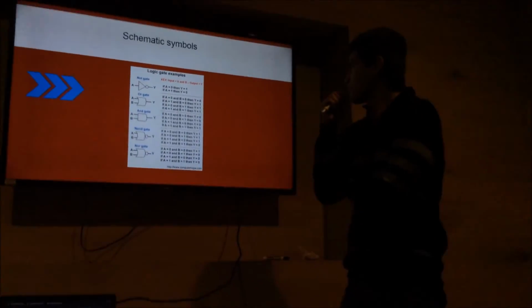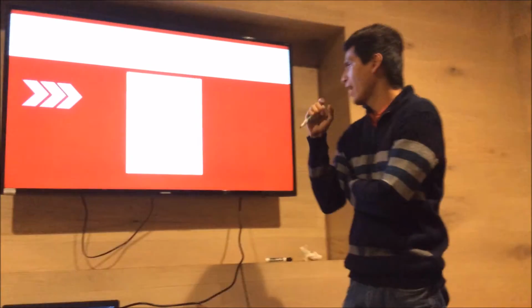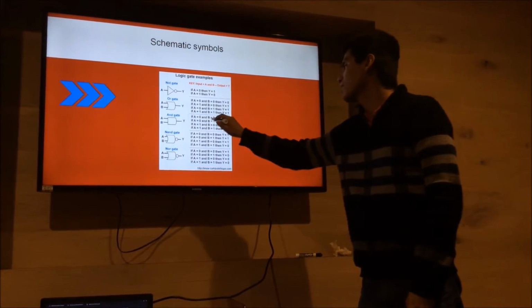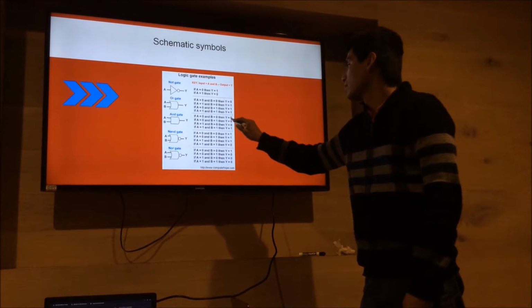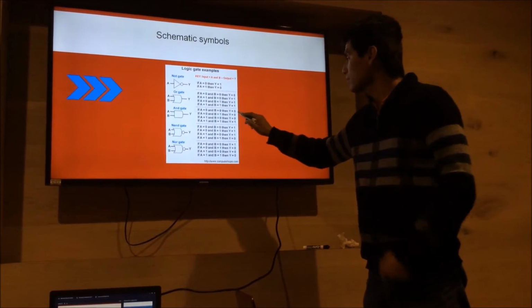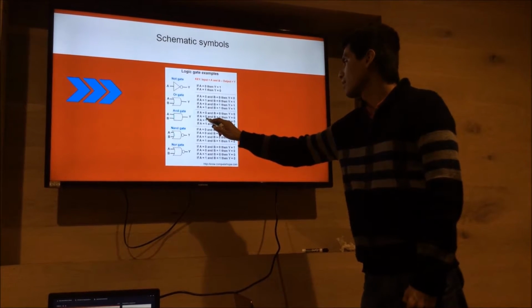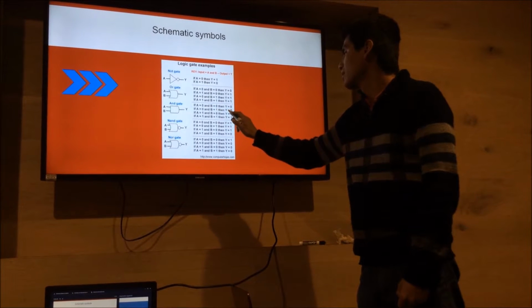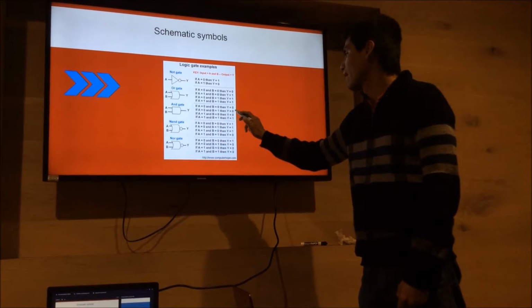For example, in the AND or NAND, if A is 0 and B is 0, then the output in the AND will be 0. And if A is 0 and B is 1, it will be 0.